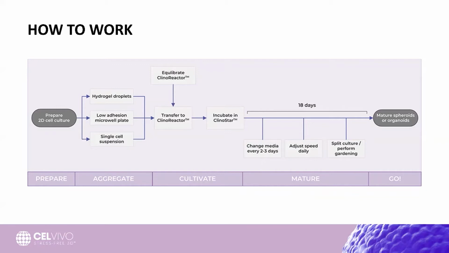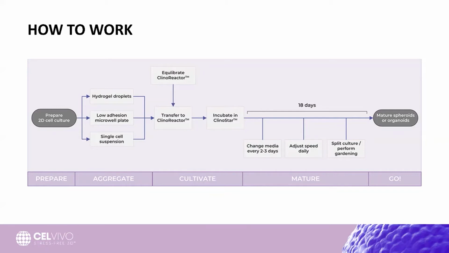After you have selected your aggregation, you will equilibrate the CLINOREACTOR, and you can transfer your samples. Then it's followed by an incubation phase. You can see in this case, I've made it 18 days, and this is what a common HepG2-C3A model needs before it's mature.